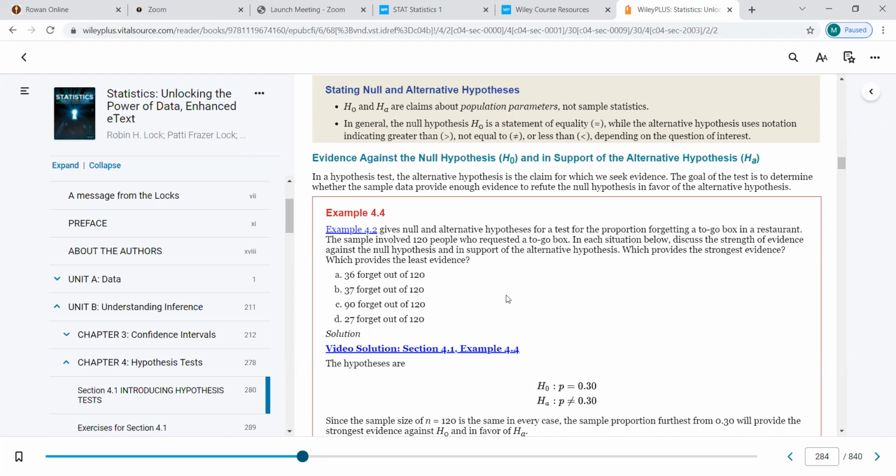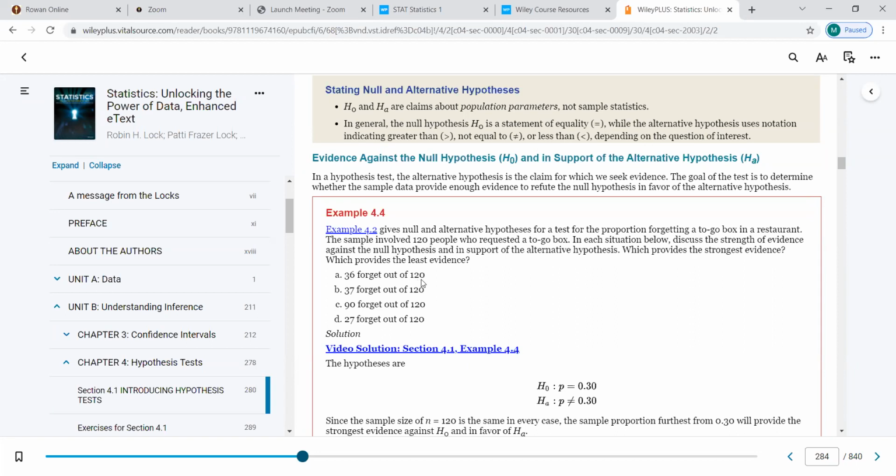So suppose we have 4 different samples of 120 people, and we want to find the number of those out of the 120 who left their to-go box on the table.